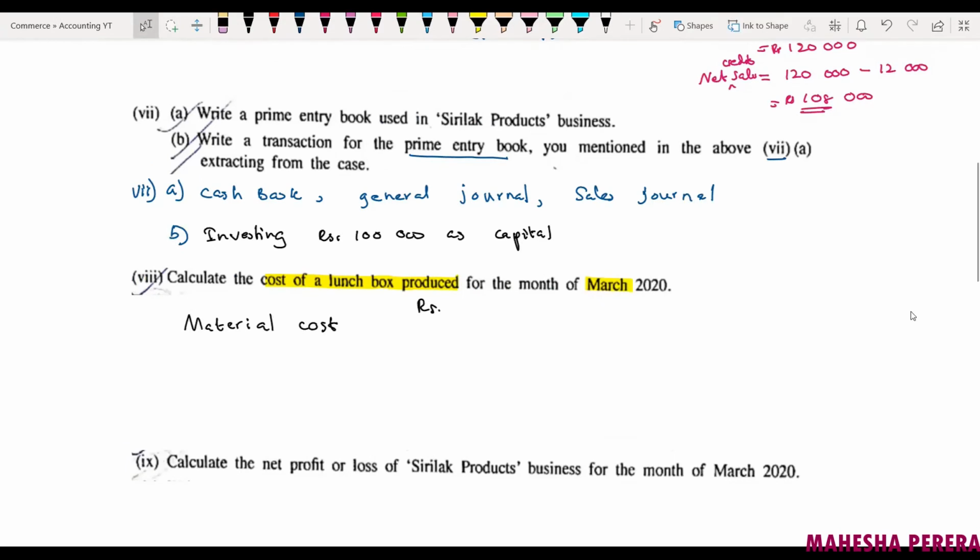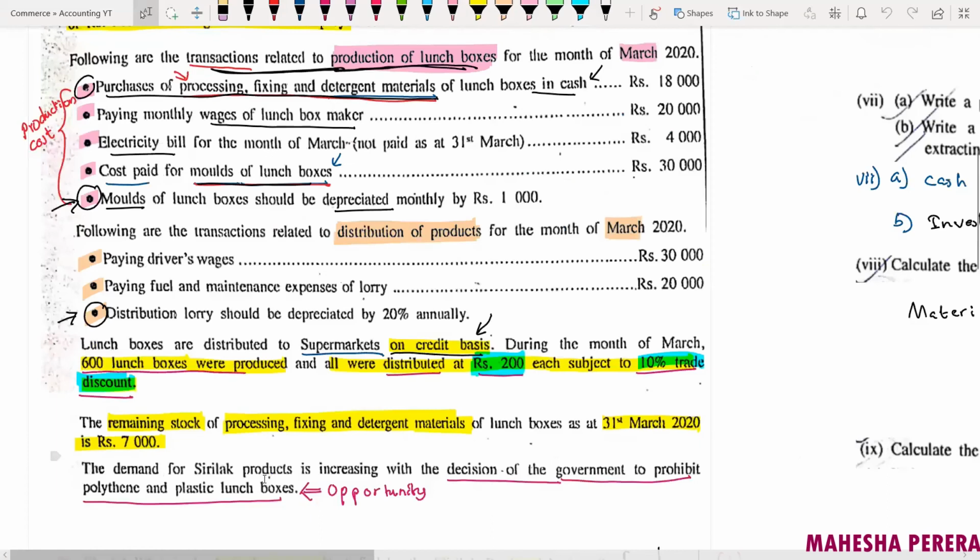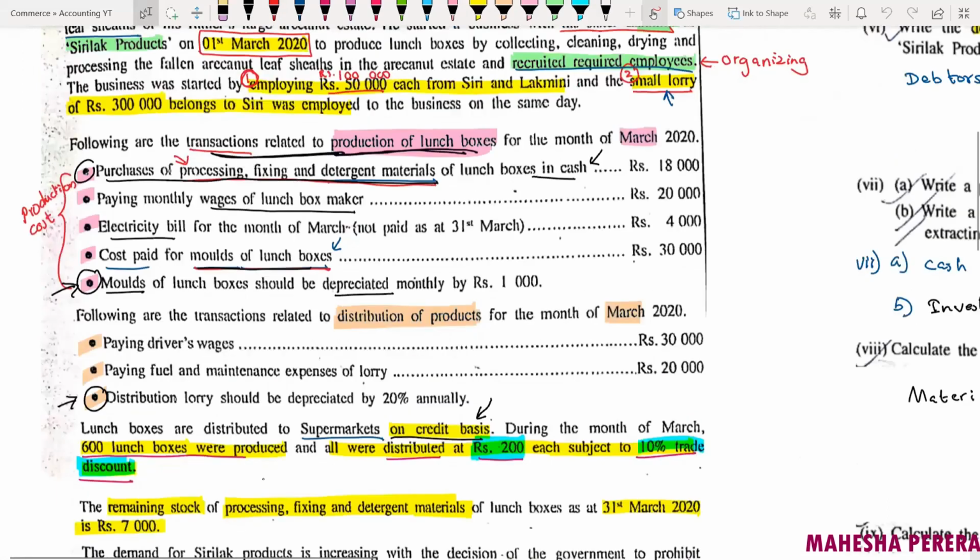Now, how much is the material cost? It says here 18,000, right? Here we have 18,000. So do you record 18,000 now? No. Don't forget, there is a remaining stock. And we highlighted that, right here. Remaining stock of processing, fixing and detergent materials, same words, right?